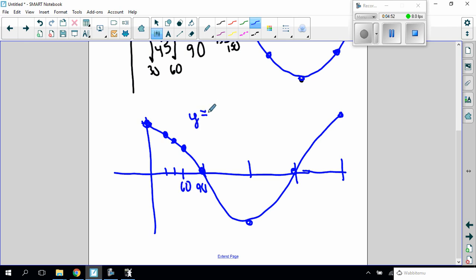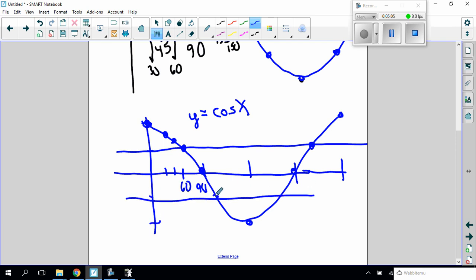So y equals cosine x is this graph. Once again, the 1/2 are cool to get in there. Maybe your negative 1/2, you could figure those out.